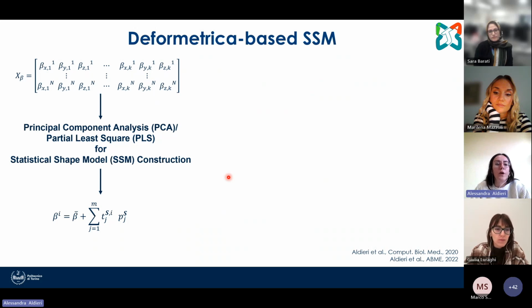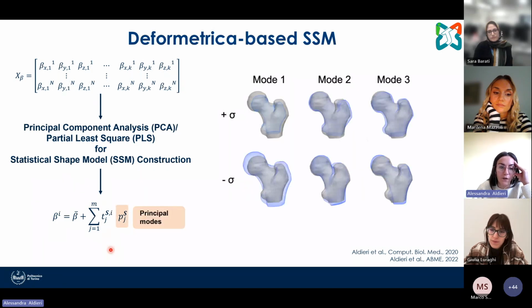We employed both principal component analysis and partial least square analysis, which both, even though differently, allow us to get a statistical shape model, which can be represented like this. So we identify the modes, okay, which, for example, in the case of principal component analysis, represent the directions where the input information, in this case the moment vectors, was most variable.